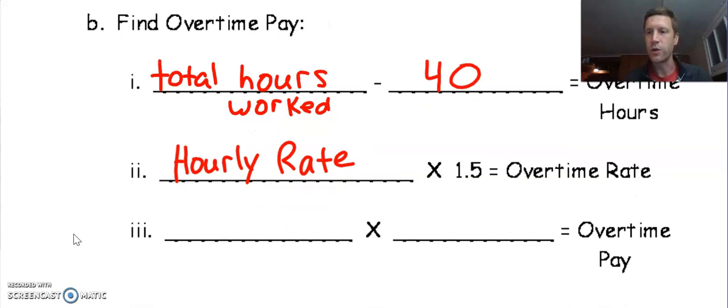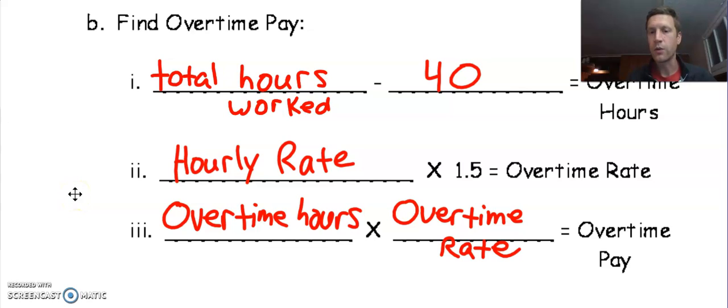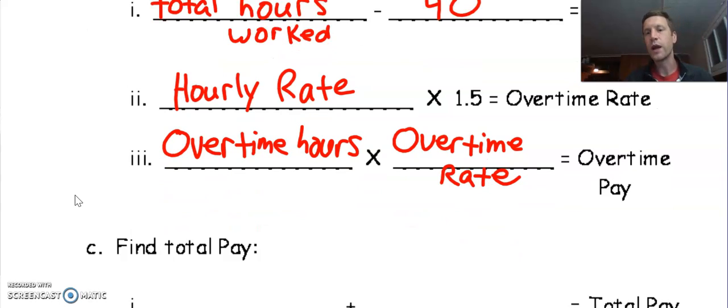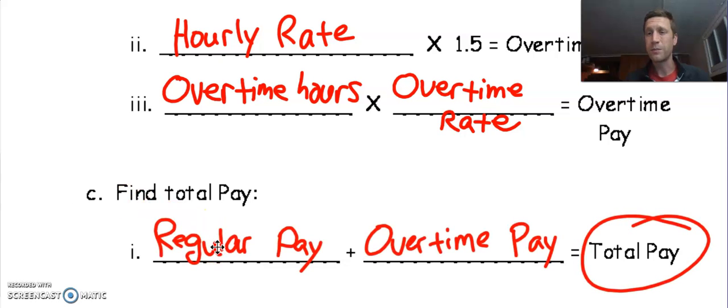So we take that hourly rate times 1.5 for our overtime rate, or the time and a half rate. And to find overtime pay, I want to do my overtime hours times the overtime rate. So that's really similar to the regular pay calculation, except we're dealing only with the overtime numbers. So I have this regular pay, and then I also have the overtime pay. And to find what I'm getting paid altogether, I'm just going to add those two numbers up, right? So regular pay is the first 40 hours. Overtime pay is anything for hours over 40. You get paid both of those things, so we add them together.